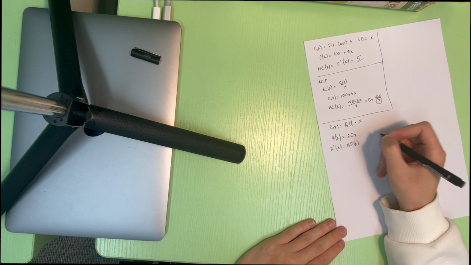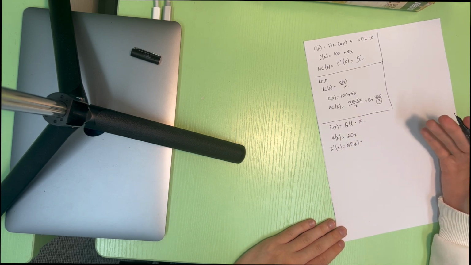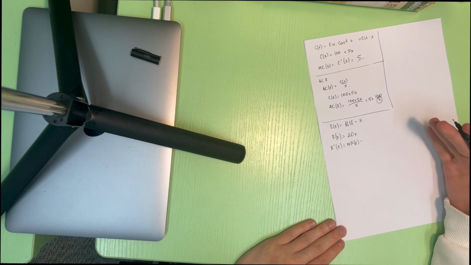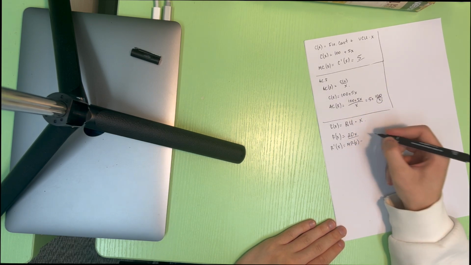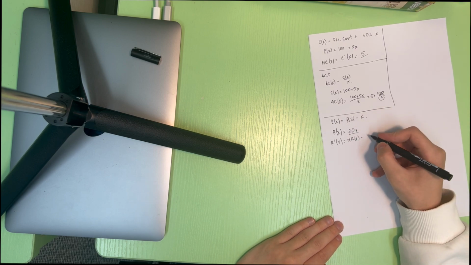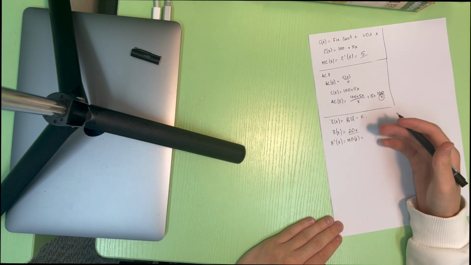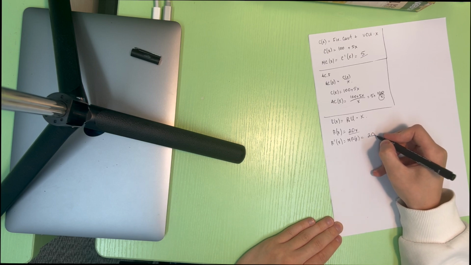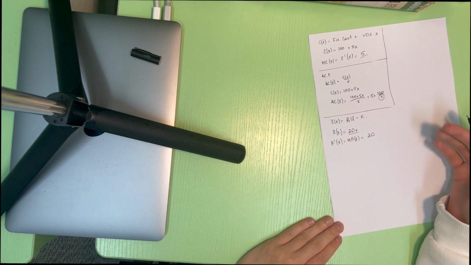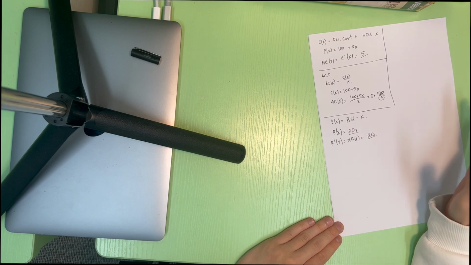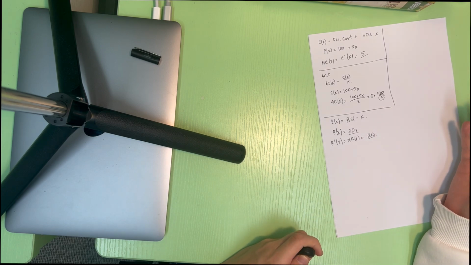What is the marginal revenue? Marginal revenue shows the revenue from selling one additional unit. So if we take the derivative, the marginal revenue equals just 20. That means from selling one object, we will have 20, for example, ringgit or dollars.